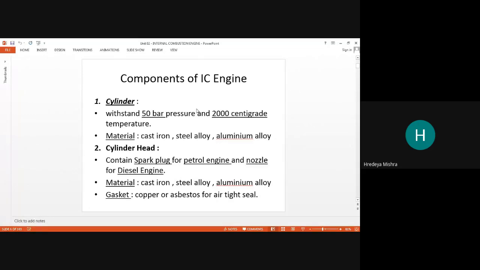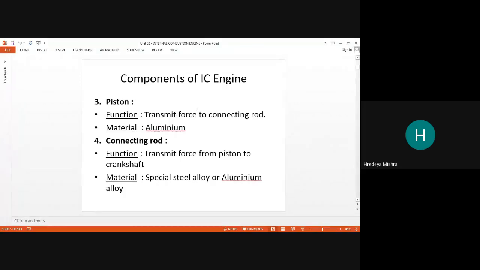Now the next thing is the piston, very important. What is the function of the piston? Transmit force to the connecting rod.